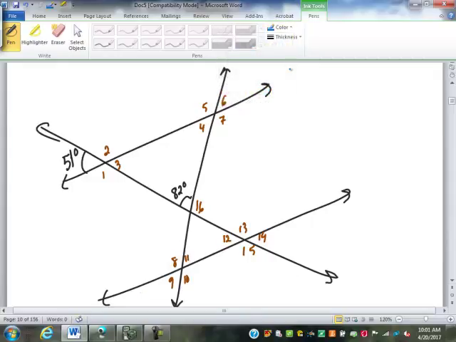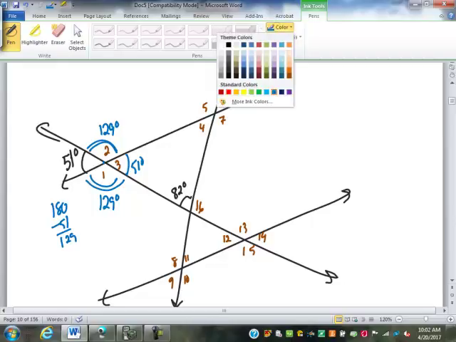Well, let's start out with the easy part, right up here. What's angle 1 have to be? 180 minus 51. So that's going to be 129. How about 3? 51. And 2? 129. Okay, now let's look at the 51 here.